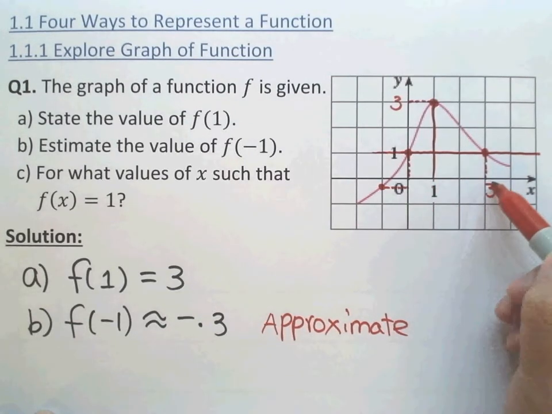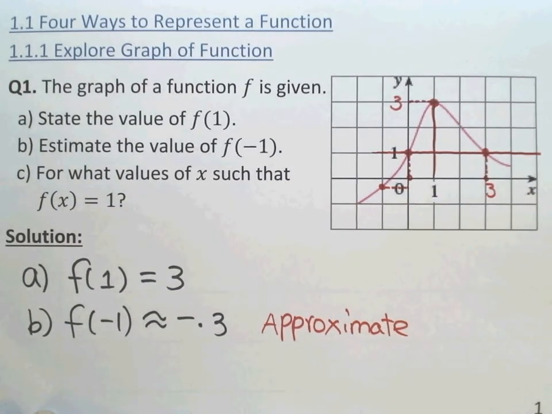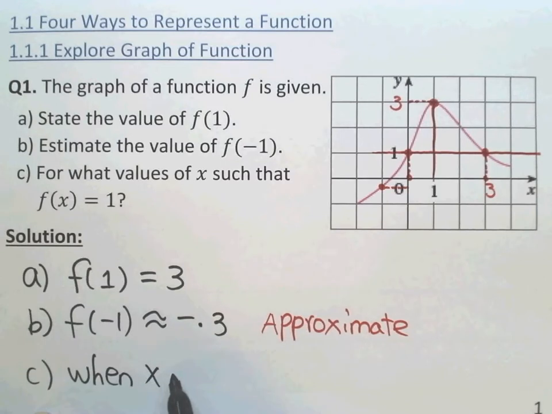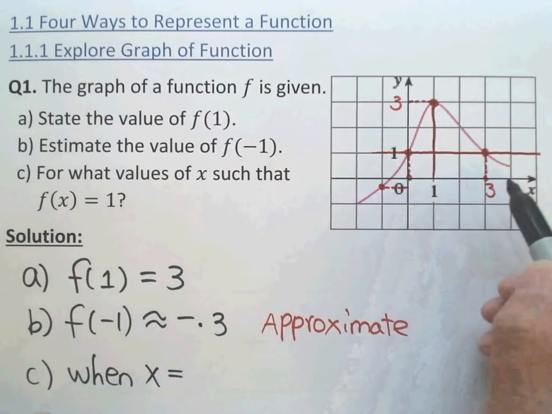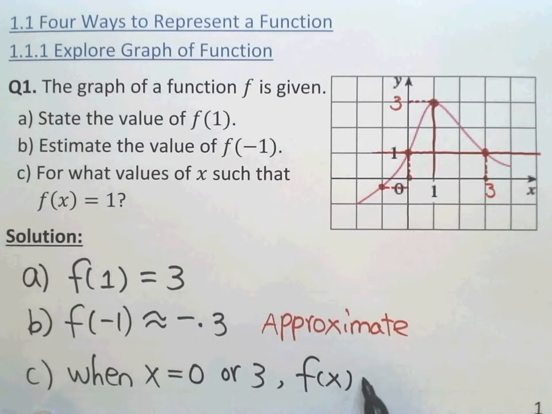So we find 2 points, which means x equals 0 or 3. So for the third question, when x equals 0 or 3, the function f equals 1.